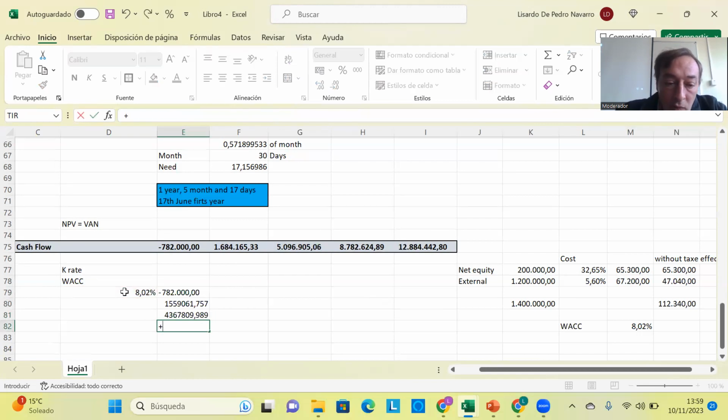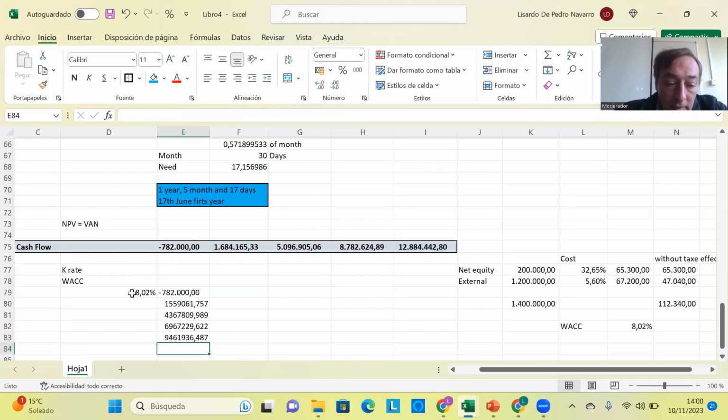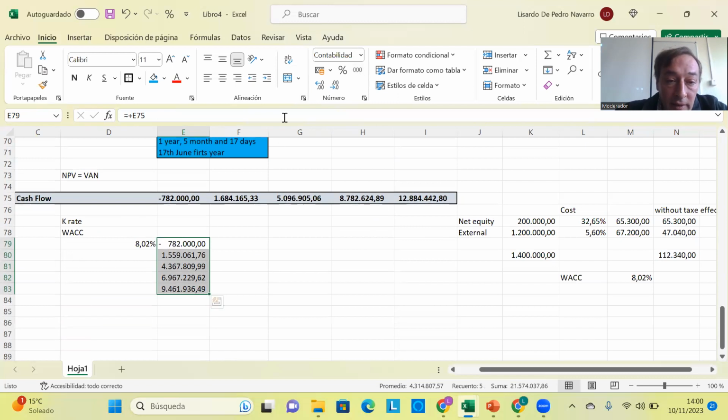The third one is going to be that one divided by 1 plus WACC cubed, and for the last year, divided by 1 plus WACC to the fourth. So now we have here all the cash flow, but in the current year.